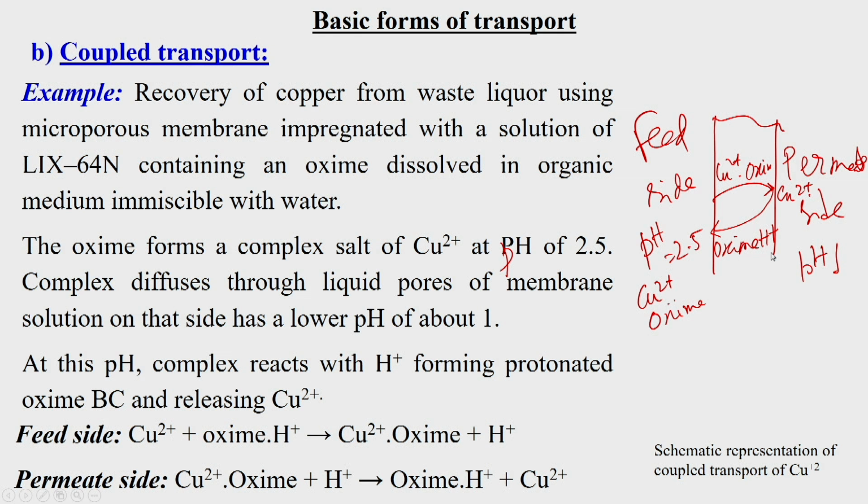So, in the feed side copper 2 plus and oxime H plus will be converted into copper 2 plus oxime plus H plus. In the permeate side, copper 2 plus oxime plus H plus will give oxime and H plus, releasing Cu2 plus.